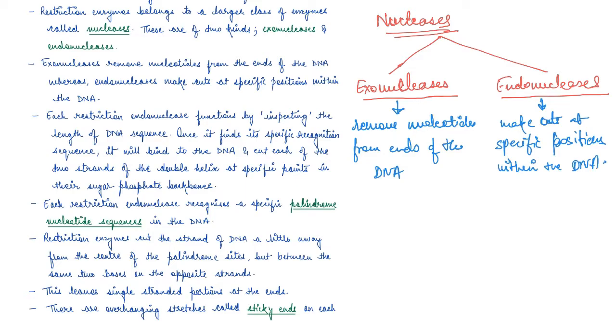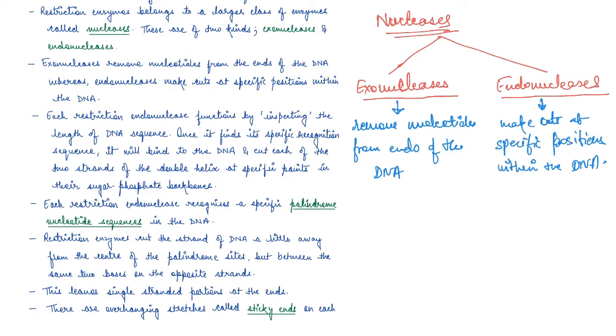Now, how do these restriction endonucleases work? Each restriction endonuclease functions by inspecting the length of the DNA sequence. Once they find the specific recognition sequence, they bind to the DNA and cut each of the two strands.